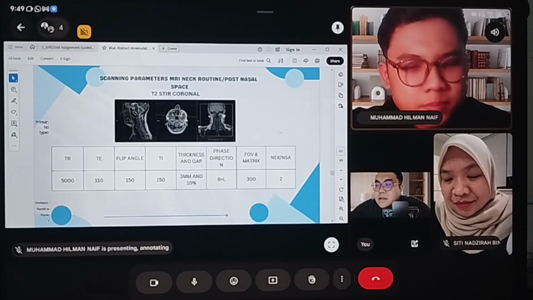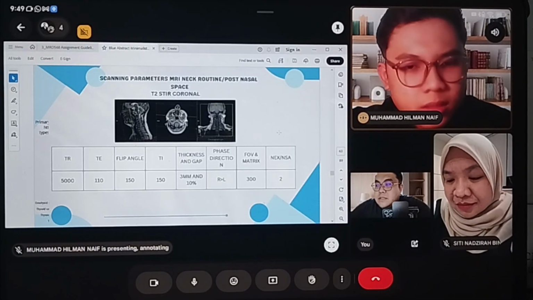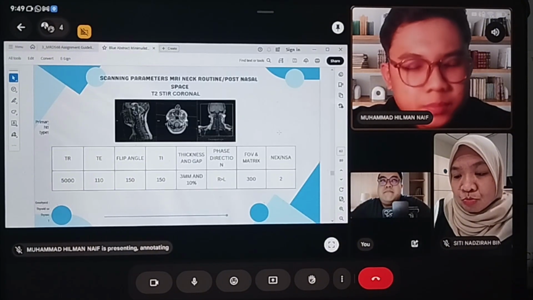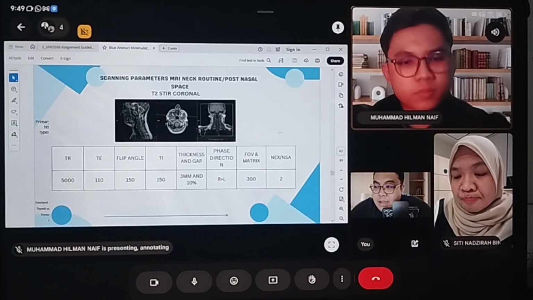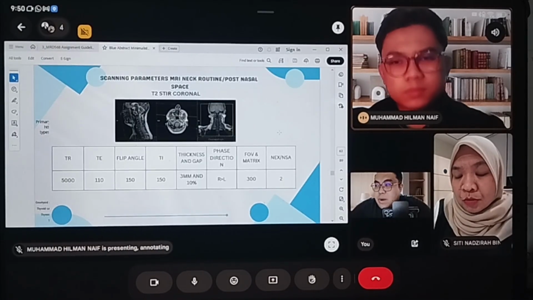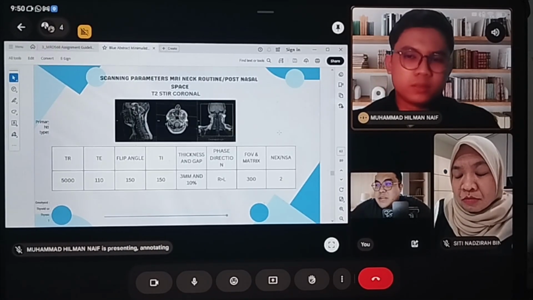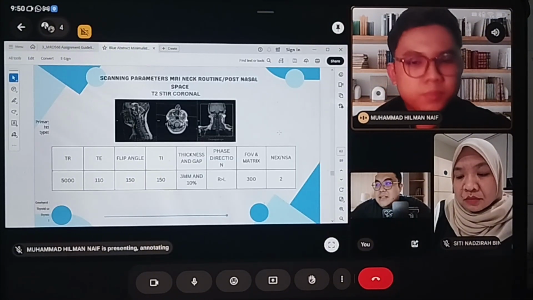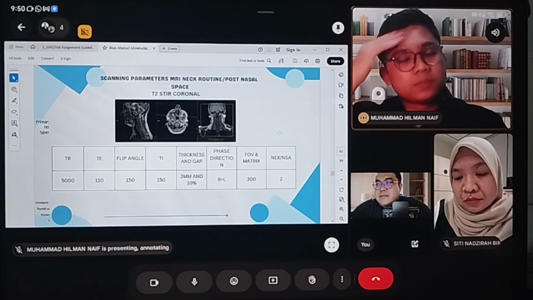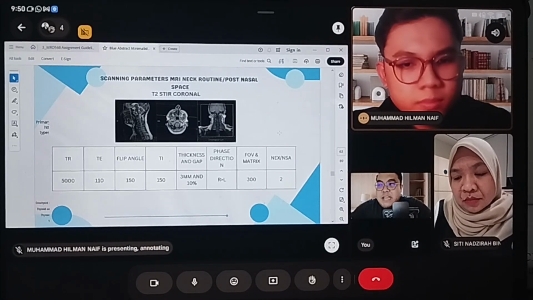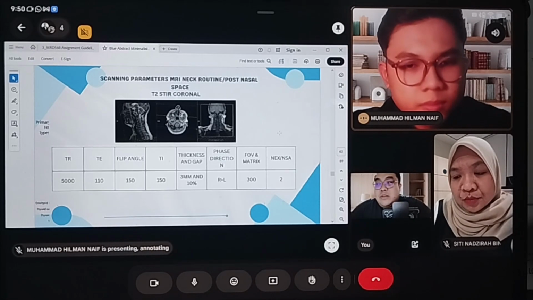Okay. After this meeting, each member should rehearse individually. Then maybe tomorrow or one day before the presentation, we can do the full rehearsal together, to double check our pronunciation, our MRI terminology, and also the pathology names.